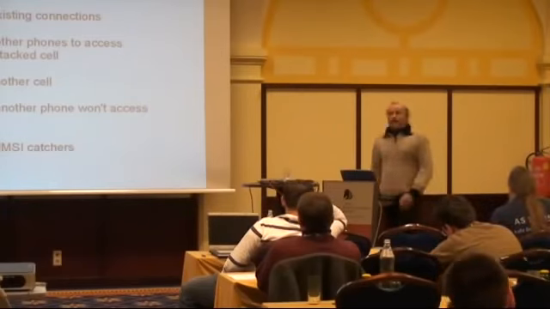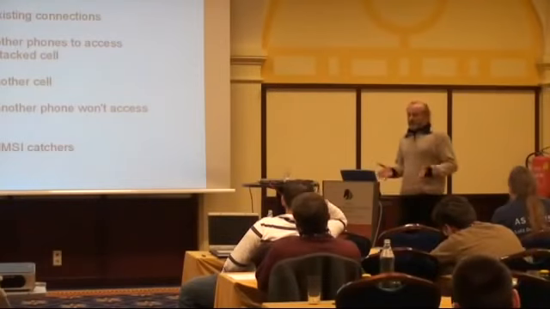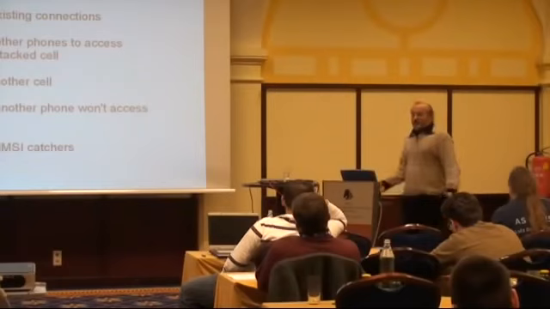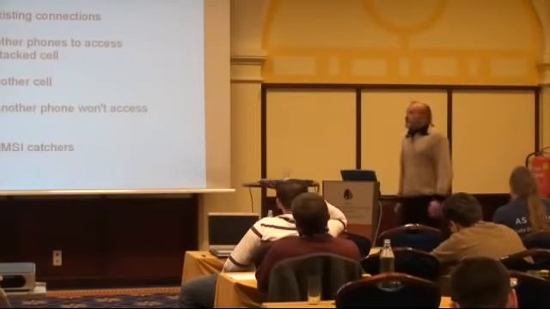This would surely work because usually this IMSI catcher is just a very small BTS. It cannot handle a lot of requests. If you apply this DoS attack to the IMSI catcher, it can no longer be used.